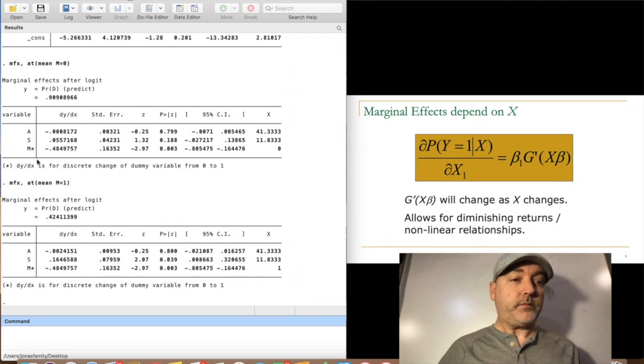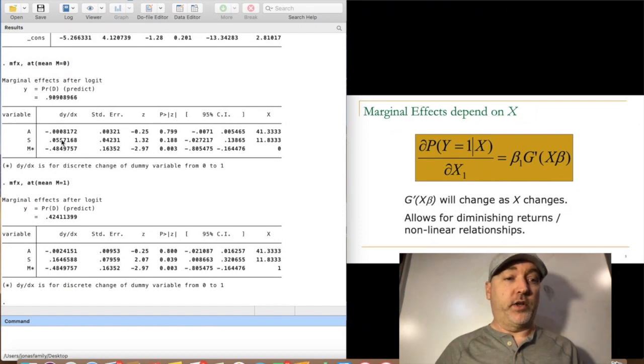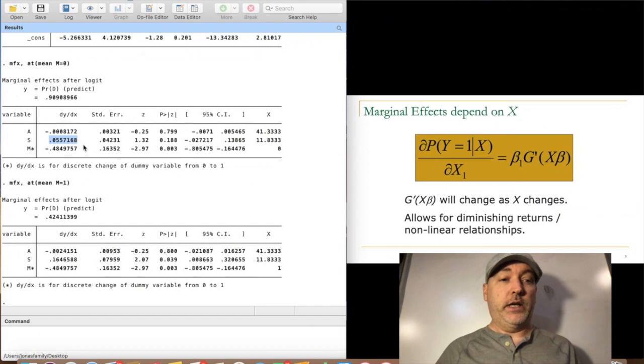essentially what we've done is constructed the equivalent of a slope dummy interaction term, right? So the effect of schooling for unmarried individuals has an effect of 0.05 on the probability of labor force participation, and it's 3 times that for married individuals.